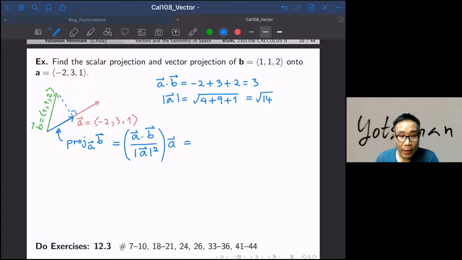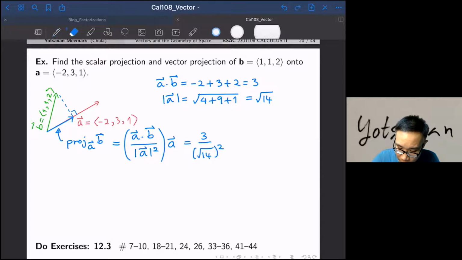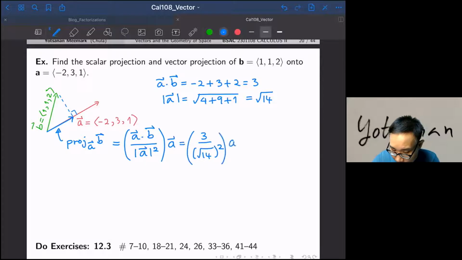And you're going to have 3 over root 14 squared, times A. So you get 3 over 14 multiplied with the vector negative 2, 3, 1.